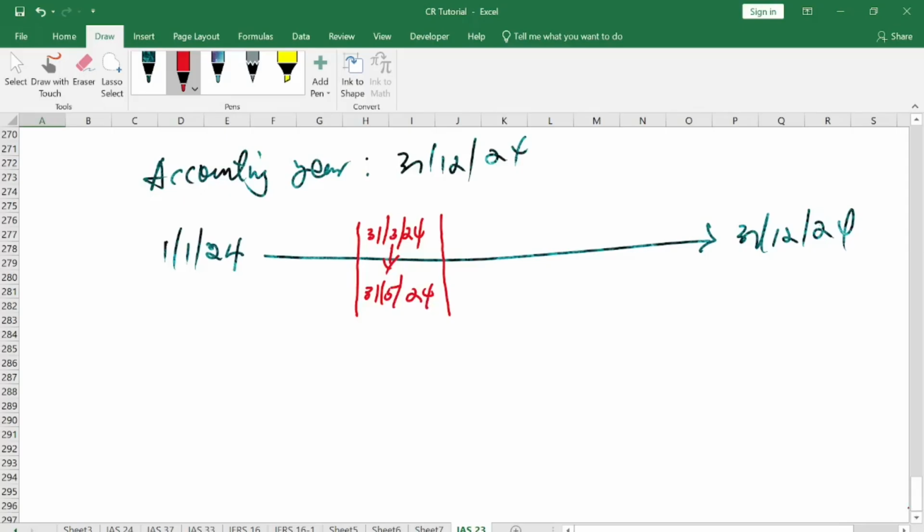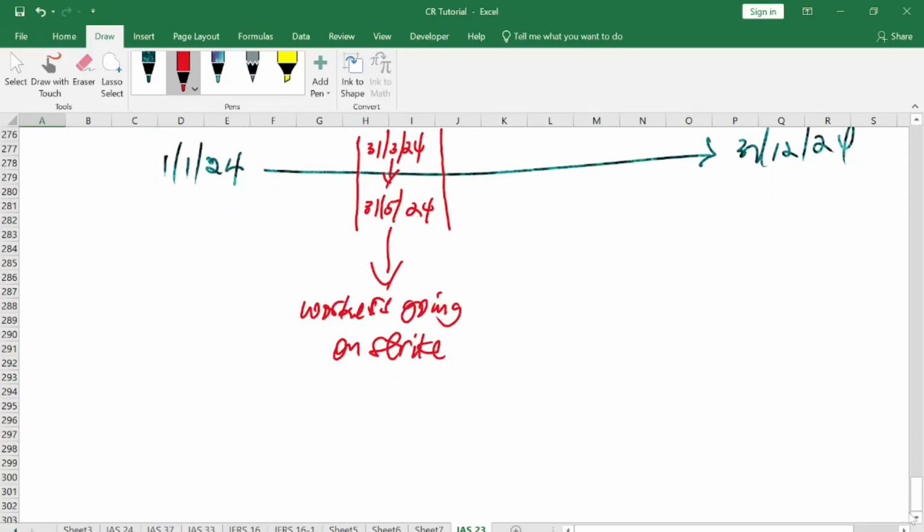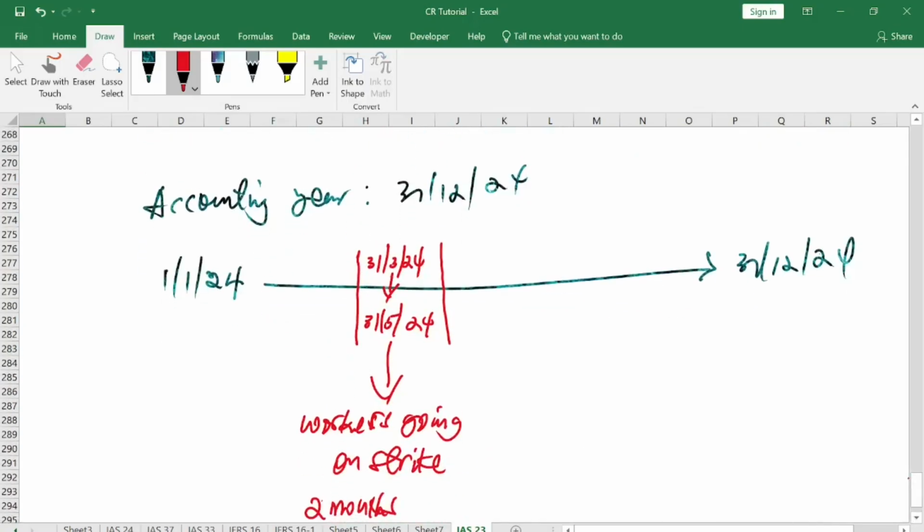What happened between this period is workers going on strike. How many months did they go on strike? 2 months. So they went on strike for 2 months, and then they resumed work on 31st May 2024.